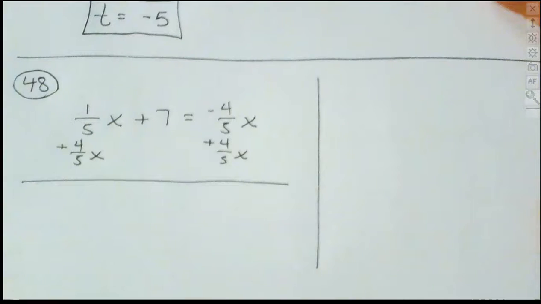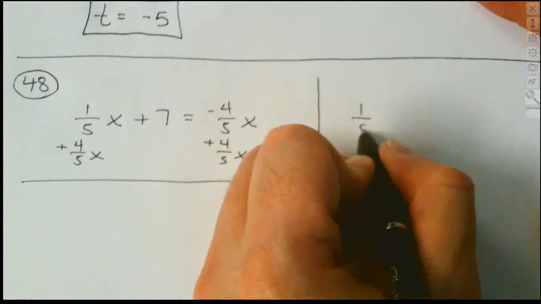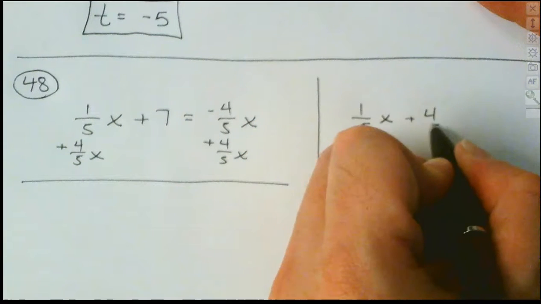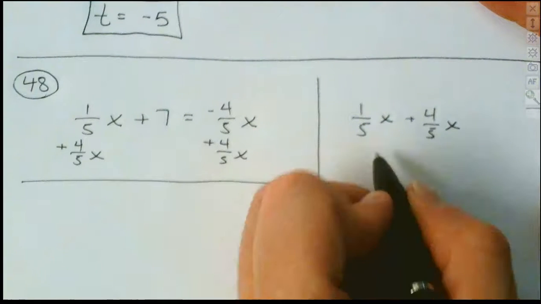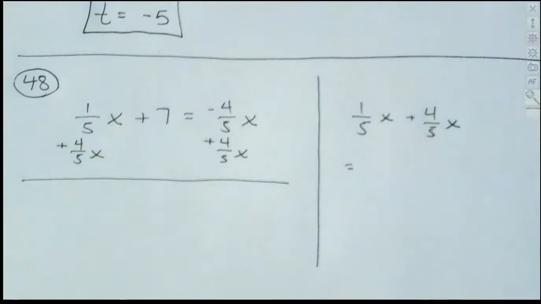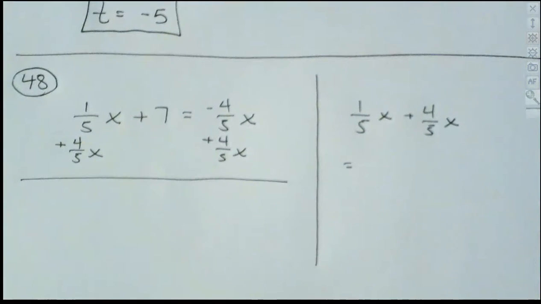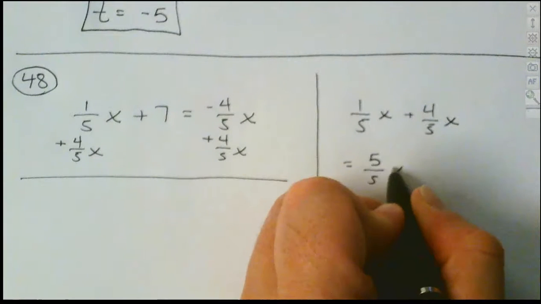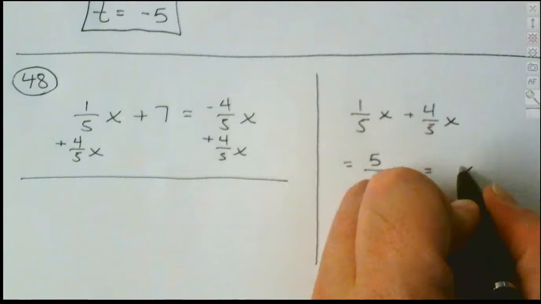And if you need to, you can write the fractions over here, and you can combine them together. They both have x's, so they can go together. Now, 1/5 x plus 4/5 x, well, that makes it 5/5 x, which is then 1x.